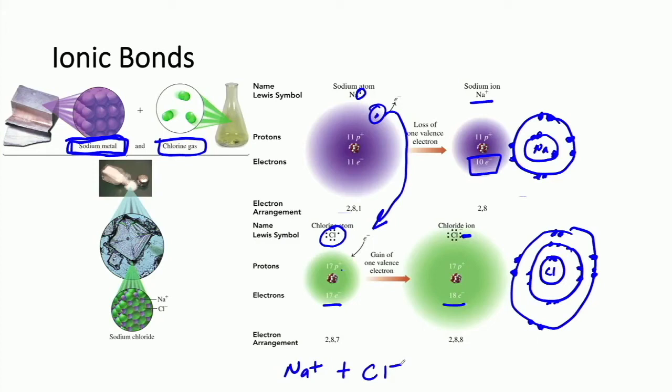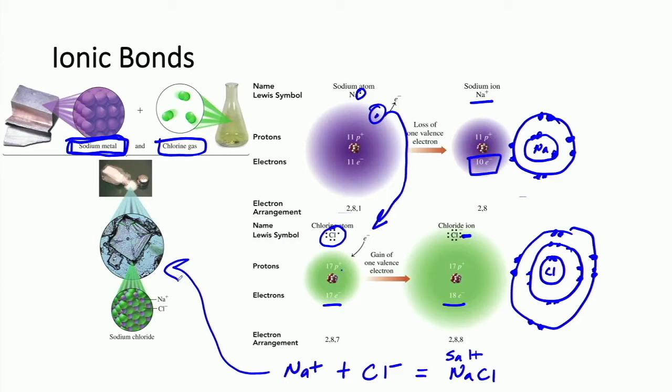Now they're not neutral anymore, but they're happy because they both have full outer electron shells, and you end up getting the compound NaCl, which is just common table salt, right? Which is this right here. So that's the basis of ionic bonds.